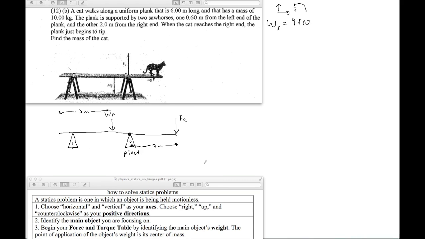And I know there are no X forces on anything. Good. And I know that the Y component of the force of F2 is F2, and the Y component of F1 would be F1. And so now I would try to find the torques of everything.